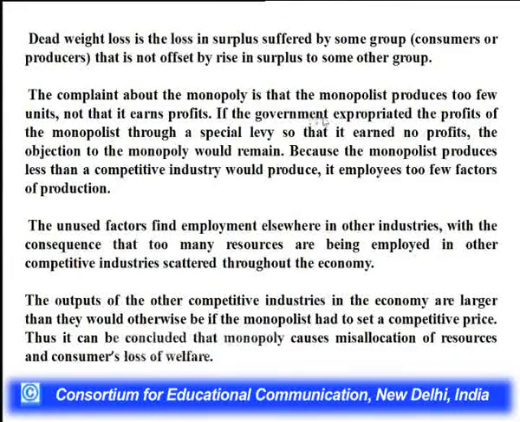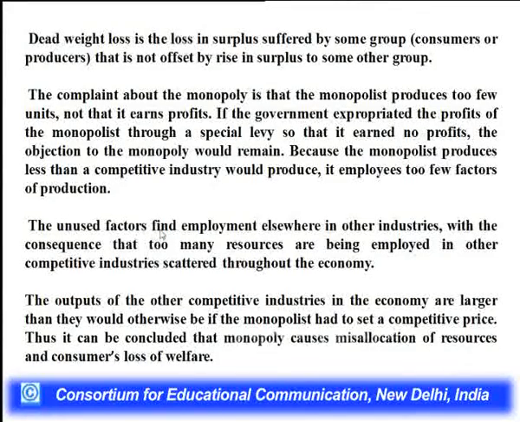If the government expropriated the profits of the monopolist through a special levy so that it earned no profits, the objection to the monopoly would still remain, because the monopolist produces less than a competitive industry would produce. So, it employs too few factors of production.